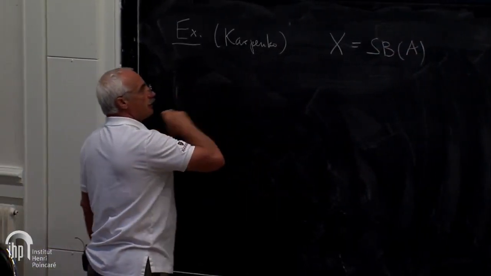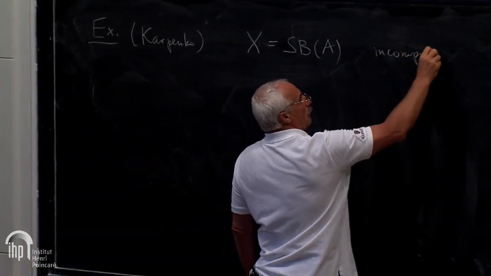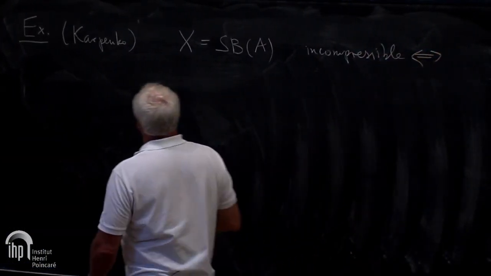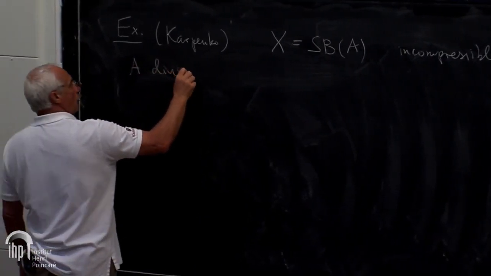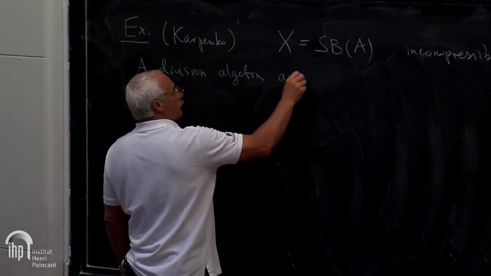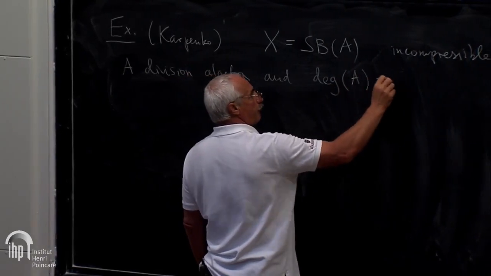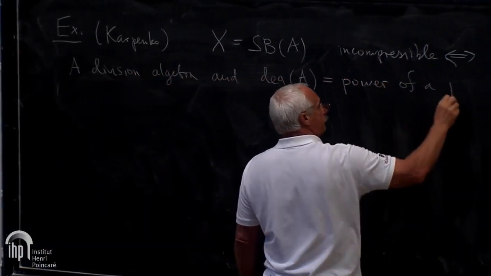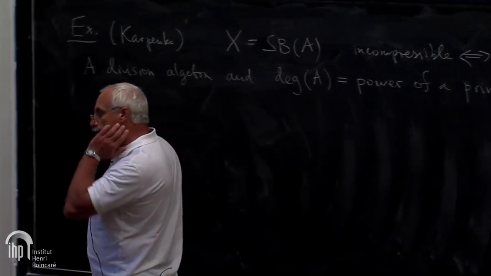The answer is that it is incompressible if and only if A is a division algebra and the degree of the algebra is a power of a prime. You can prove this using algebraic cycles.